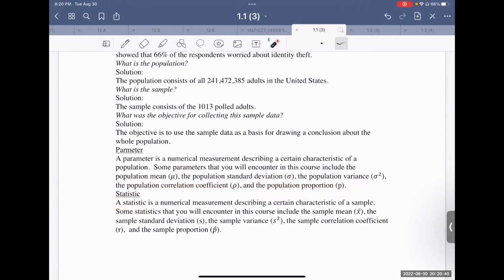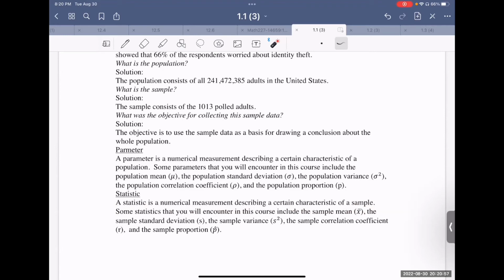A statistic is a numerical characteristic of a sample. So a parameter is a numerical characteristic of a population, whereas a statistic is a numerical characteristic of a sample.